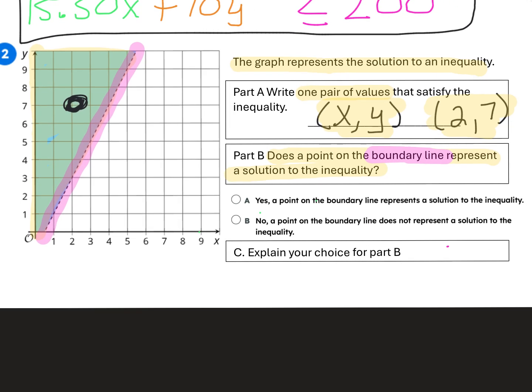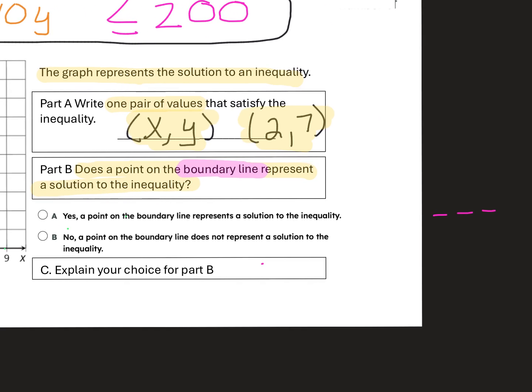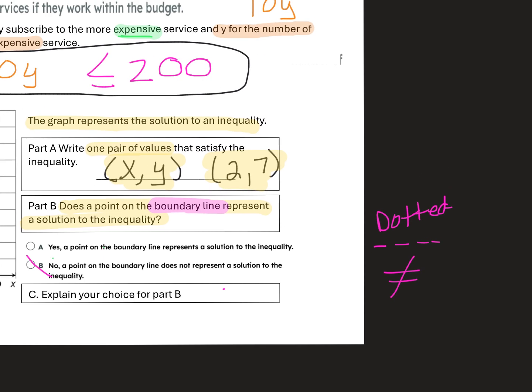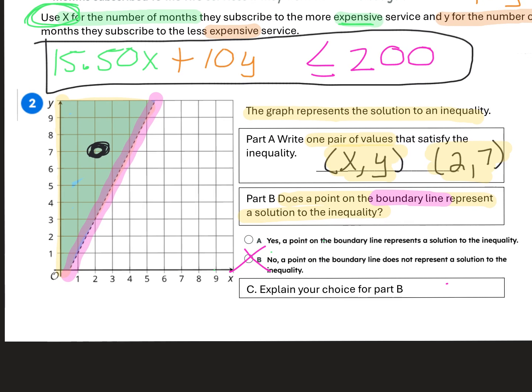And remember that when it's dotted, that means no equal to, which also means that it will not be a solution. So what you should have gotten is no, a point on the boundary line does not represent a solution to the inequality.